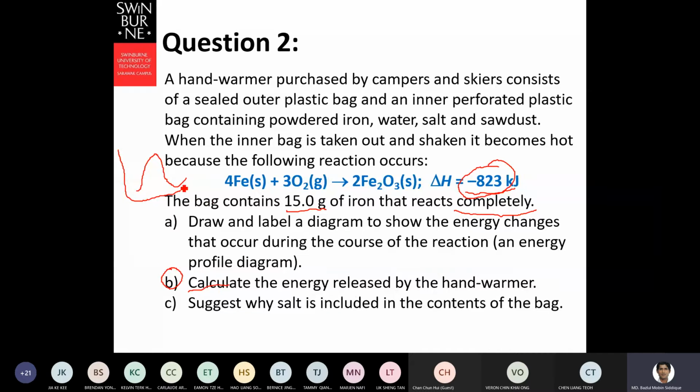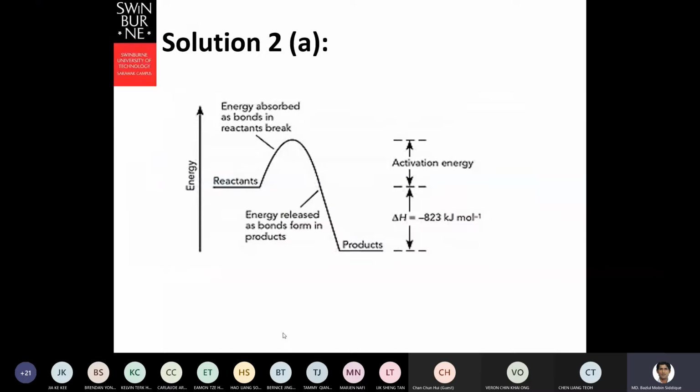Well, there is a trick here, because it says 15 grams of iron. So you have to read the question very carefully. It's 15 grams, but here it says that 4 moles of iron will produce 823. 15 grams means how many moles? That is the thing we need to find out.